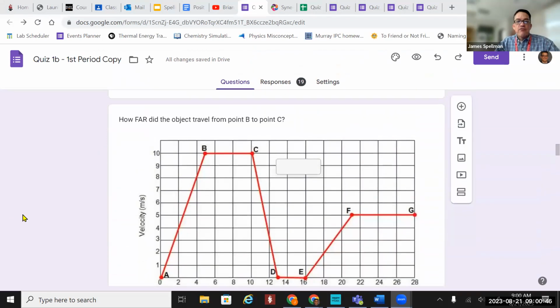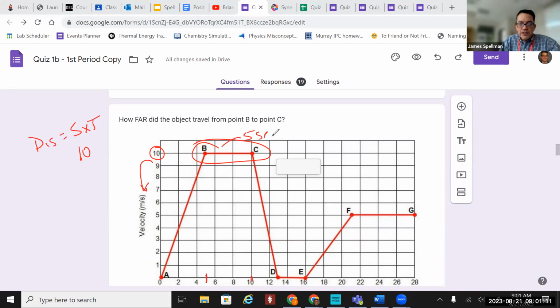So next question is saying how far did it travel between points B and C? So how far it is distance. And distance is speed times time. And so the graph is showing us from this section right here that from B to C, the velocity is 10. And in the previous question, we looked at the amount of time it takes. It went from 5 seconds to 10 seconds.